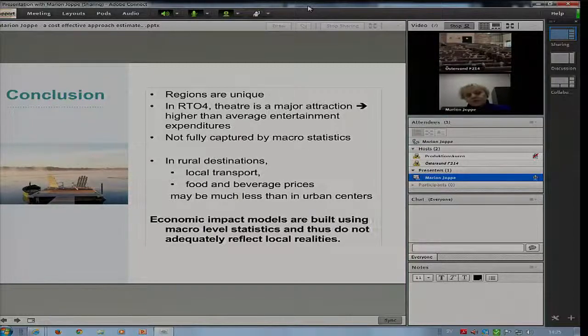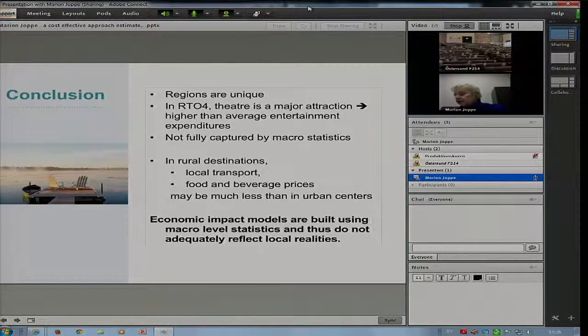So therefore we said that really our current TRAME model does not adequately reflect the local realities, and we really have to find a much better way of getting at this information because each region is unique.